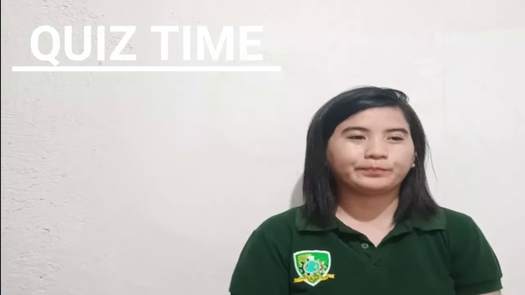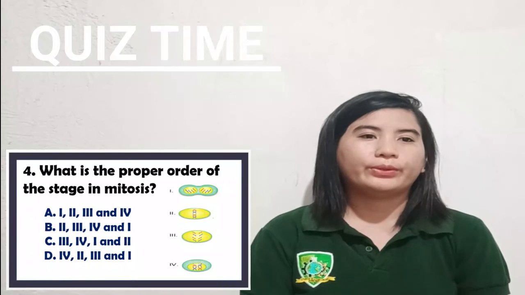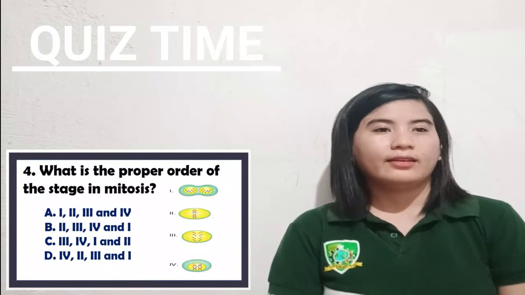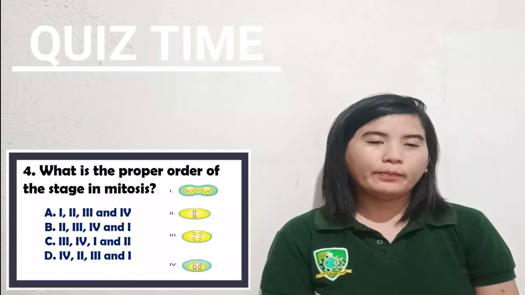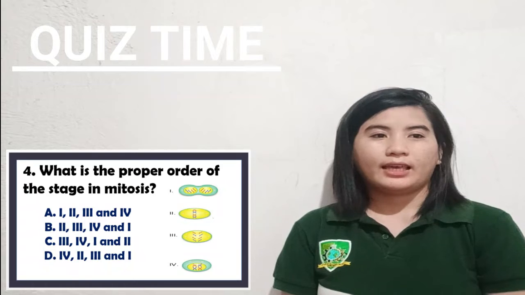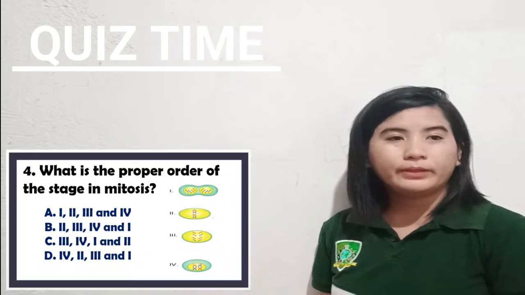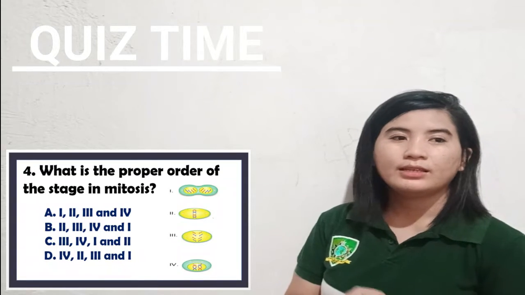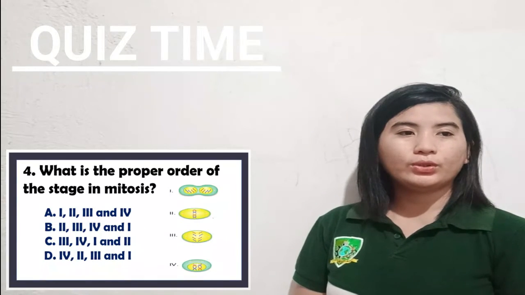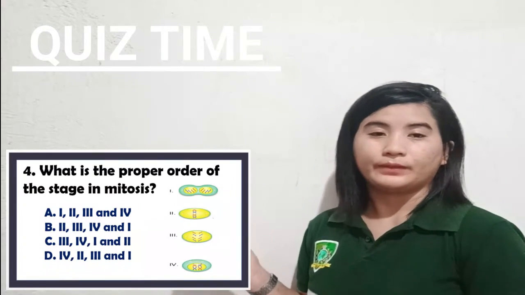Next question. What is the proper order of the stages in mitosis? A. 1, 2, 3, 4. B. 2, 3, 4, and 1. C. 3, 4, 1, and 2. D. 4, 2, 3, and 1. Please take a look at the figure given.